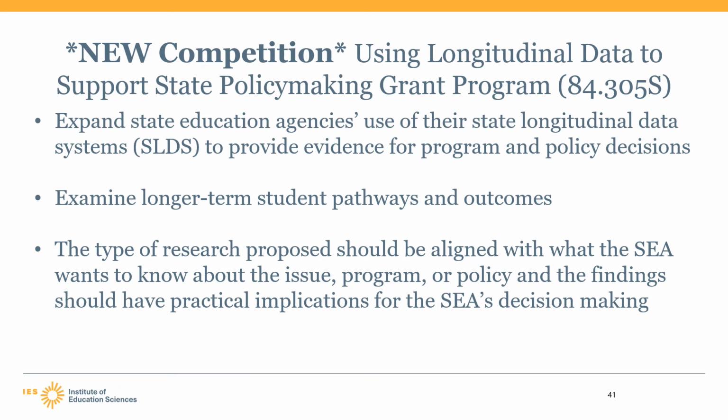However, the type of research to be supported by the Using Data Grant Program may take different forms. For example, retrospective analyses of the progress of students in previous cohorts may identify factors or pathways that could predict successful student outcomes for future cohorts.